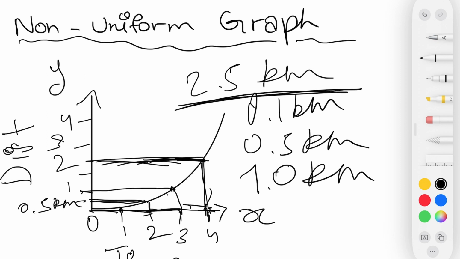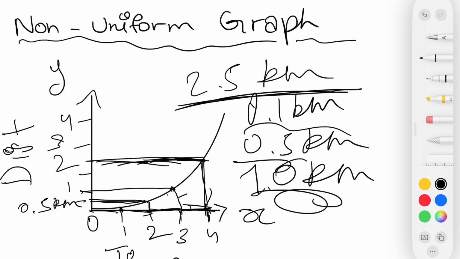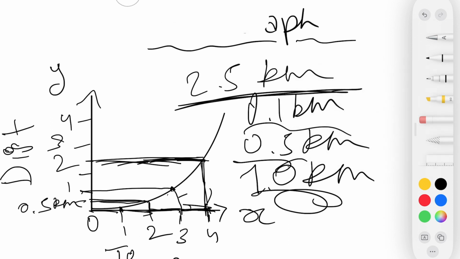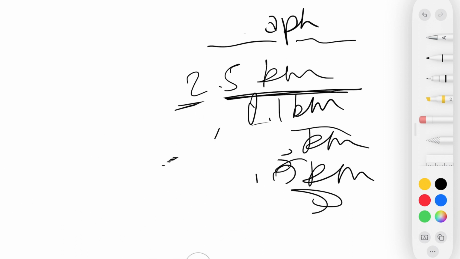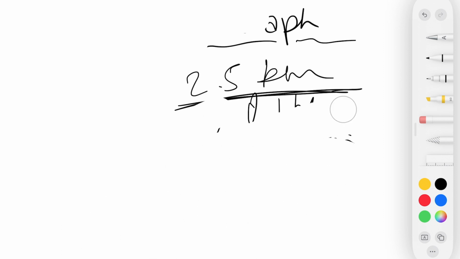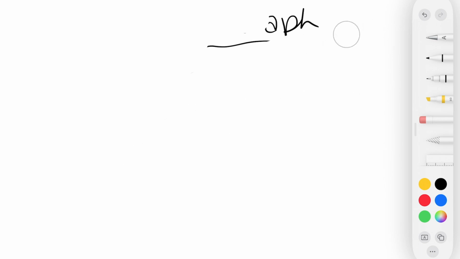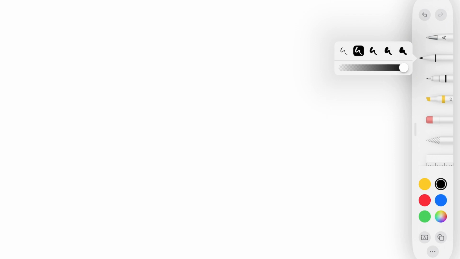So the time gap is 1 hour each, but we are covering unequal distances, as you can see here. So this was one type. Now there's another type in non-uniform motion. I'll show you.